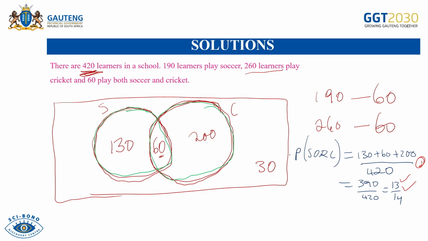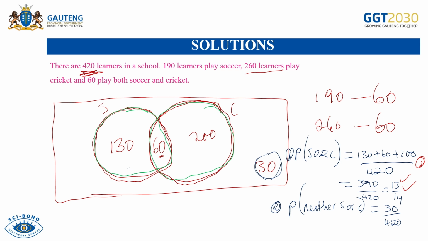So you'll say the probability of neither soccer nor cricket is going to equal 30 all over 420. So we are taking this 30 because it doesn't fall under either the soccer or the cricket.